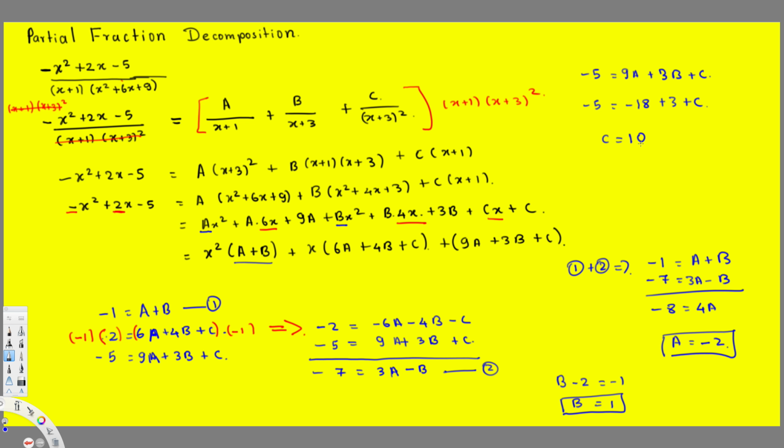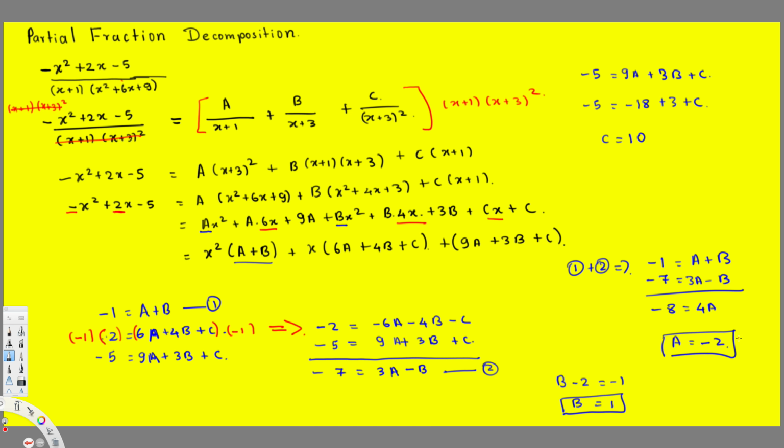Now we have all the values right here. So now all we have to do is simply substitute in the original equation. Let's do that part in red color.